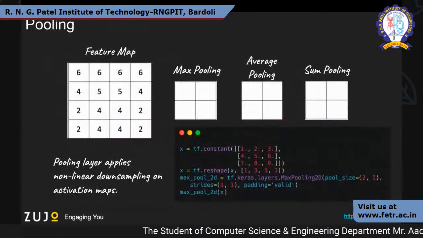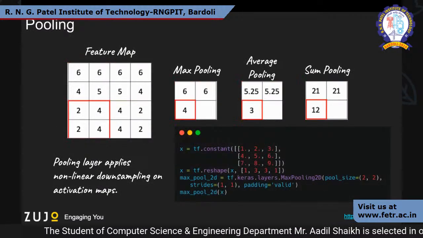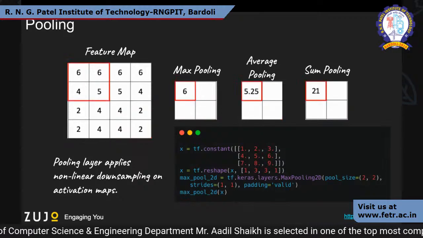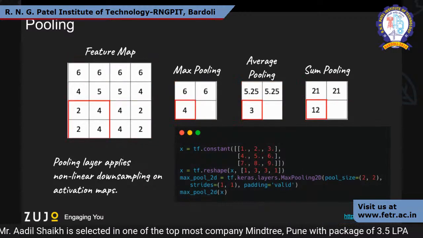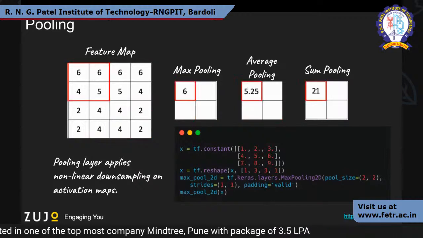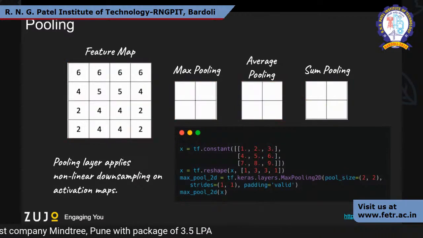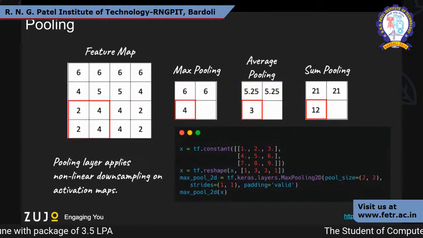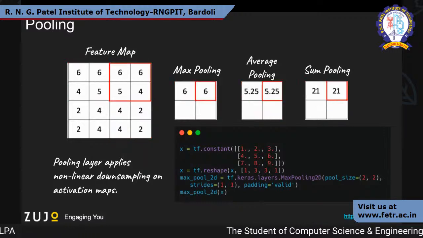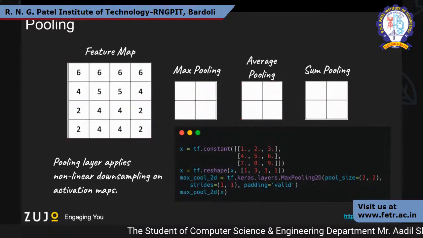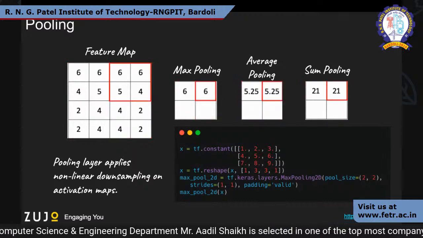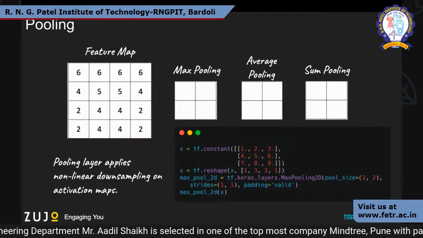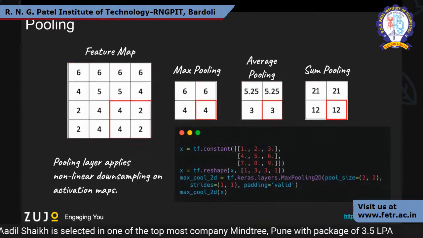The next part we had seen in that architecture was pooling, right? So let's take the output of convolution 1 and put it over here. It is a 4 by 4 matrix, which defines the feature map, the output of the convolution 1 network.